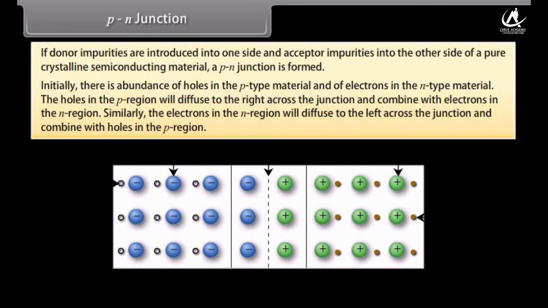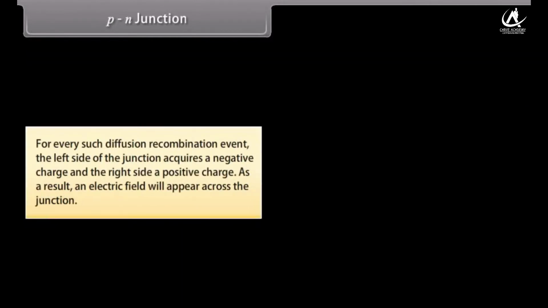The holes in the p region will diffuse to the right across the junction and combine with electrons in the n region. Similarly, the electrons in the n region will diffuse to the left across the junction and combine with the holes in the p region. For every such diffusion recombination event, the left side of the junction acquires a negative charge and the right side a positive charge.